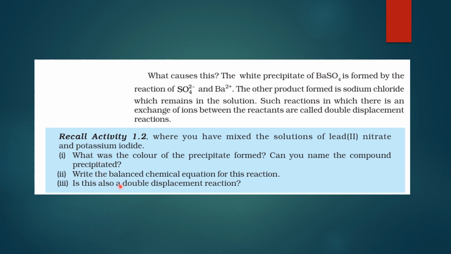So in exams you may get a question like this, where we mix solutions of lead nitrate and potassium iodide, and these three questions can be asked from you. So we have to write the color of the precipitate, the name of the compound which is precipitated, the balanced chemical equation, and identify whether it is double displacement or not, right? So let's try to understand this.